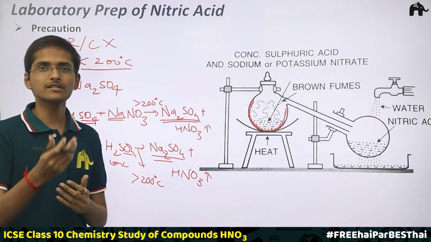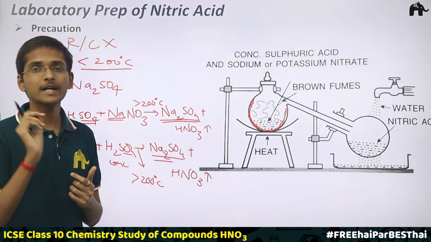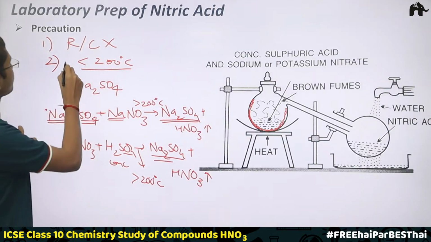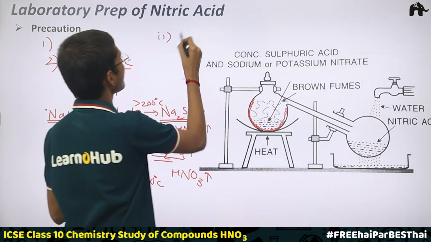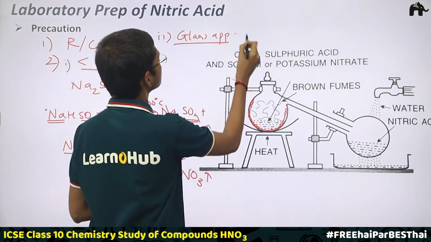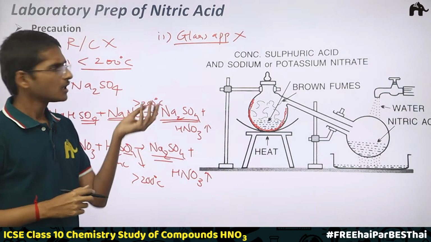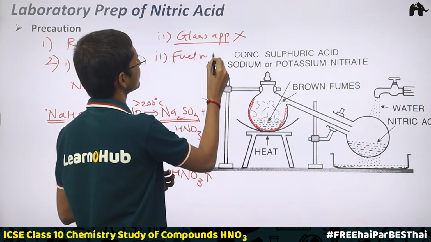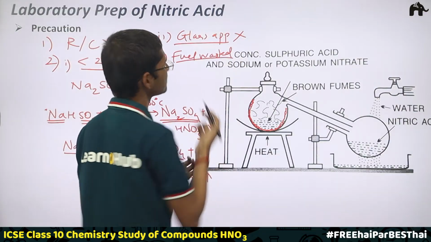There are a few more reasons for which we need to pay attention that the temperature doesn't go beyond 200 degrees Celsius. This was the first one. Another one is the glass apparatus may get damaged, so that's also a problem for us. Another thing is that fuel may get wasted.